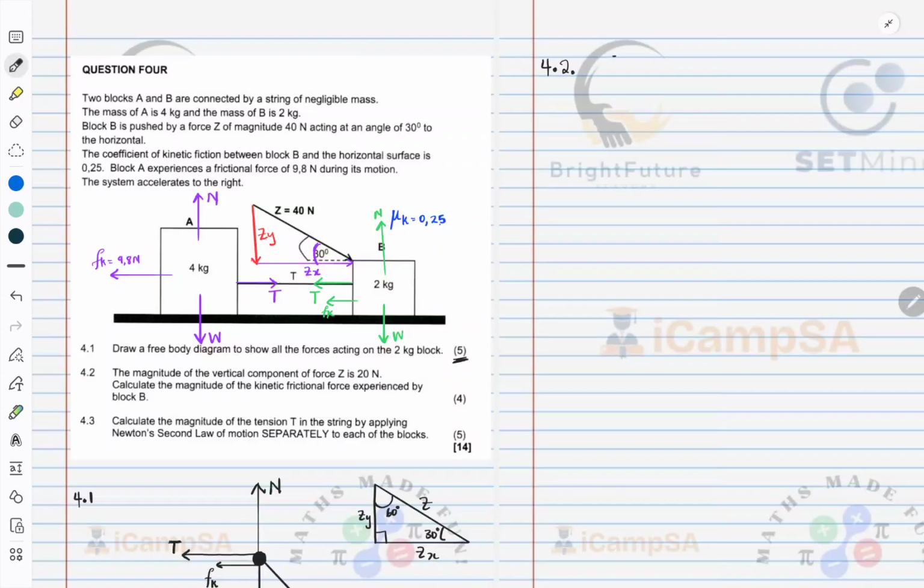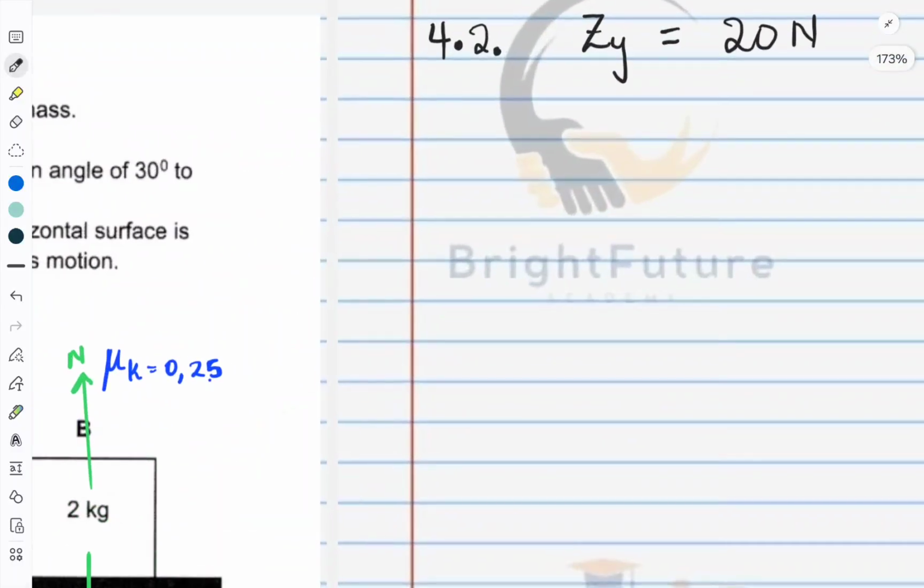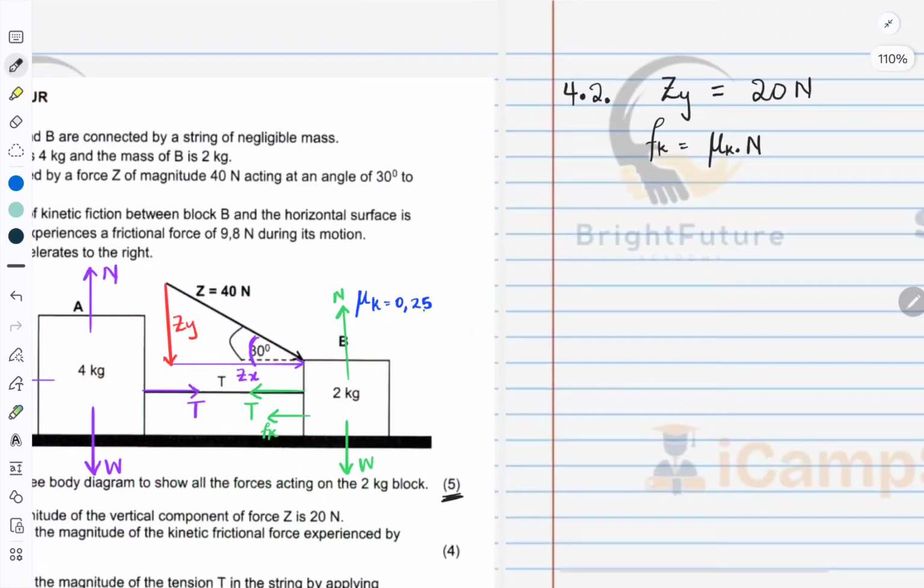So they are telling us that Zy is 20 newtons, right? Zy is 20 newtons. We know that the frictional force is mu k times n. We've already been given mu k, but we do not know what n is.